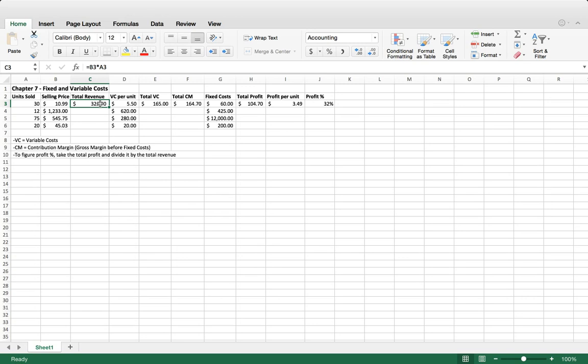So what's great about these spreadsheets, all we have to do is copy these formulas and we should be able to solve the rest of the problems, right?